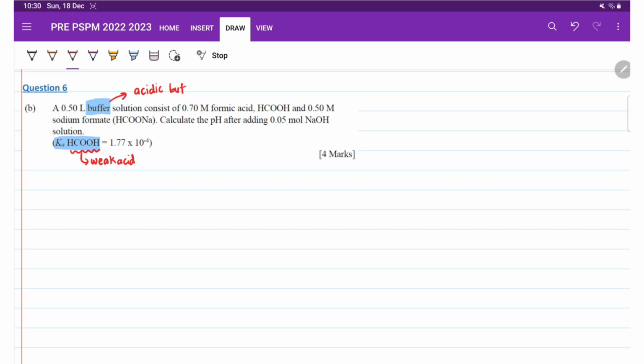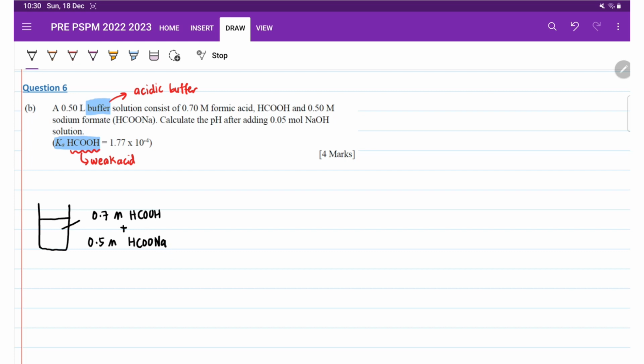Okay. Jadi dekat sini kita punya buffer. So kalau saya boleh lukis kita punya buffer system dekat sini. Okay, apa yang kita tambahkan dekat sini adalah in our buffer system, we add 0.7 molar formic acid HCOOH dan kita tambahkan the weak acid with the conjugate base salt, 0.5 molar of sodium formate, HCOONa.